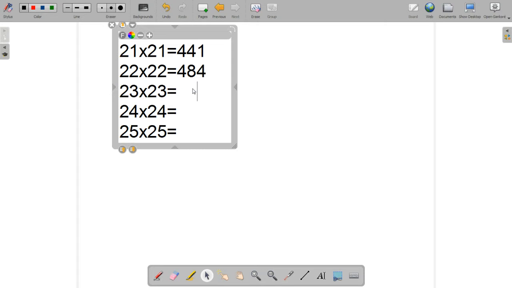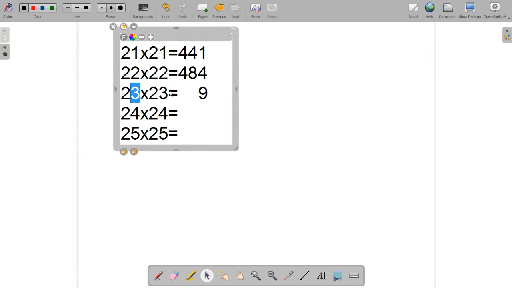So, okay, let's just do the regular multiplication. 3 times 3, 9. 2 times 3 plus 2 times 3, 6, 12. Carry the 1. 2 times 2, 4. 4 plus 1, 5.